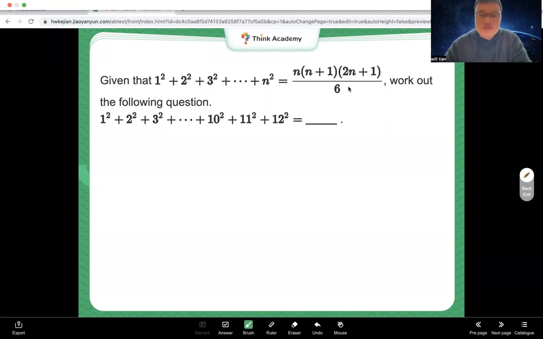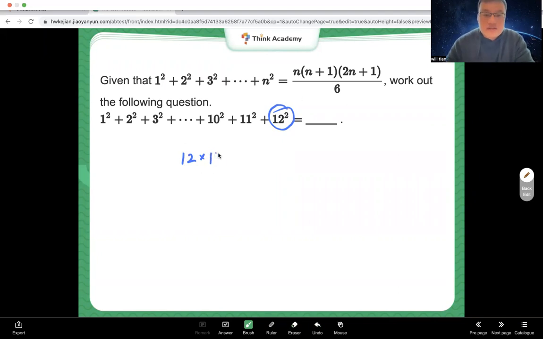All right. So guys, to solve this question, it's pretty easy. Just focus on the last term, which is 12, right? So it means you're going to replace all the n in the formula by 12 and do the calculation. You'll find the answer. So let's do that. Again, it's going to be 12 times, actually, you don't need to do 12 plus 1.